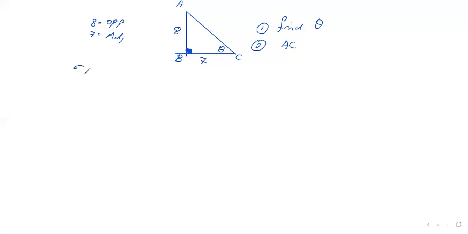Basically, the tangent of theta is by definition opposite over adjacent. And that will be 8 over 7. And then that will be 1.14.